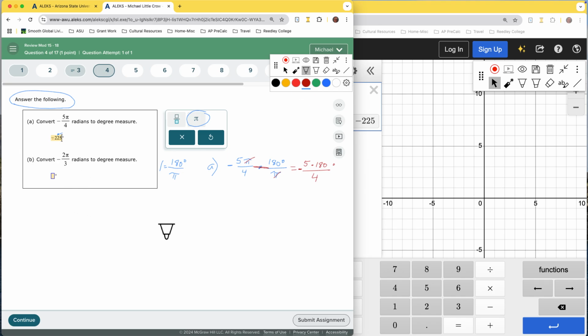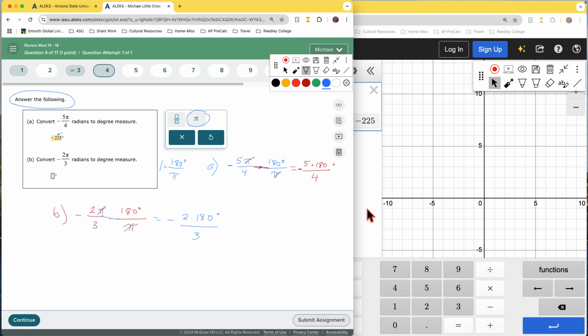So let's go ahead and come down with the B part. We've got negative 2 pi over 3. We're going to multiply by 180 degrees over pi. And again, what happens, we just multiply straight across, but the pi will cancel with the pi. That's 1. So factor 1 comes out. 3 does go in 180. And again, you could do it all with your multiplication skills, or you can just say, well, let's plug it in here.